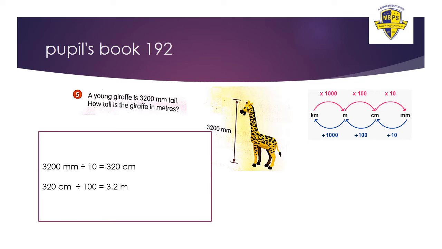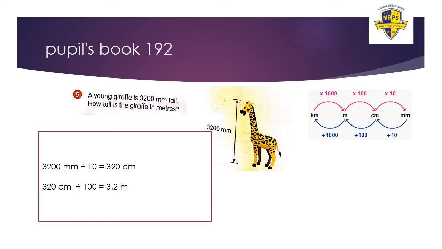Now, are we finished? No, we want to convert from centimeters to meters. So again we divide. Between centi and meter, the relationship is 100. Good. So 320 divided by 100.